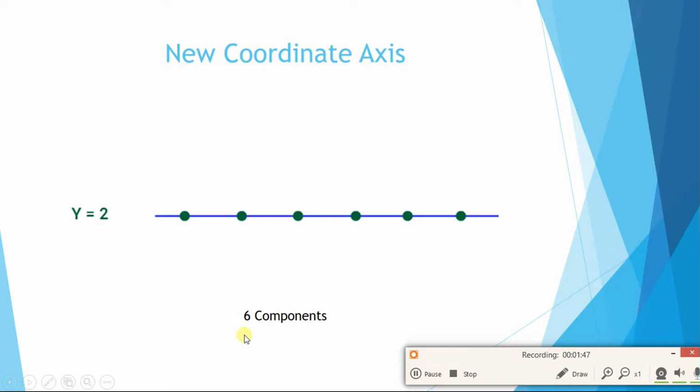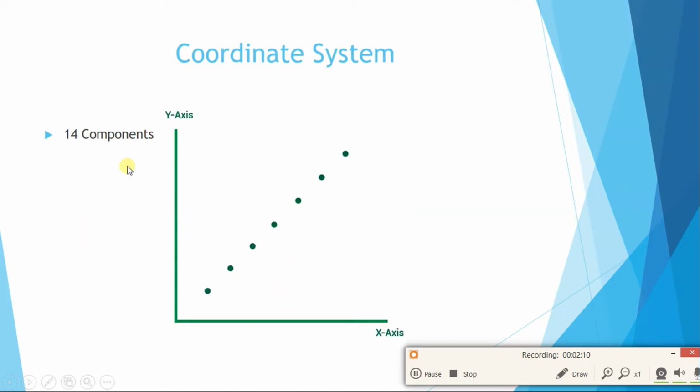Now we need only 6 components to store their position, and we can get the original positions of these points by using the direction of the principal component of maximum variation and the positions of the points on this principal component. So let's take a look at another example.